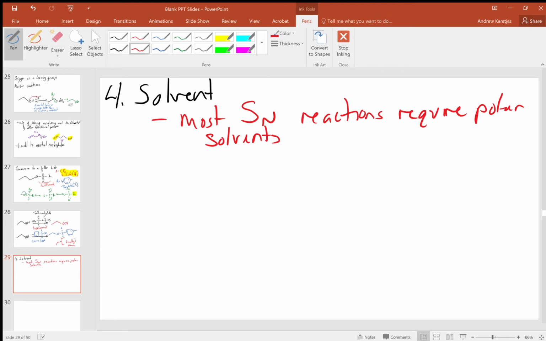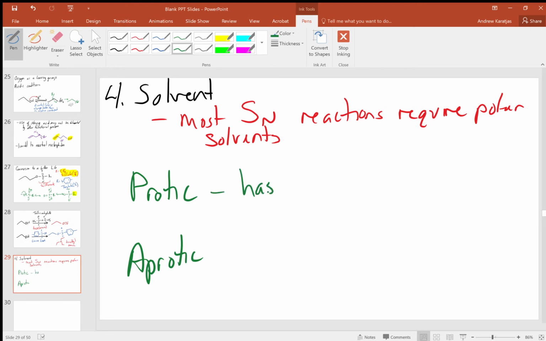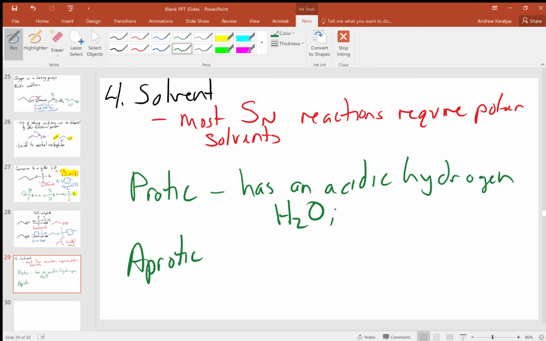Now we're going to divide our solvents up into protic and aprotic. And the difference is whether a solvent has an acidic hydrogen. So the common examples of protic solvents would be things like water, as well as alcohols.